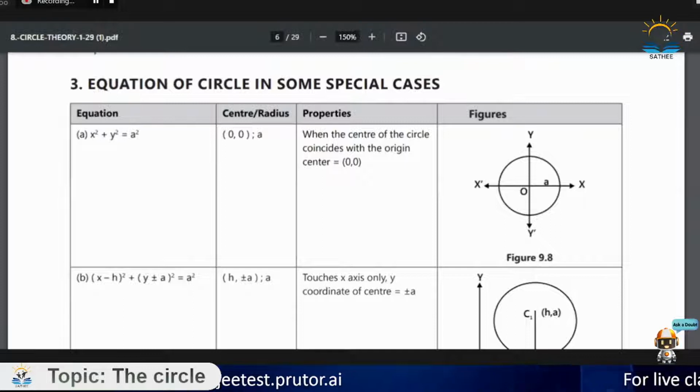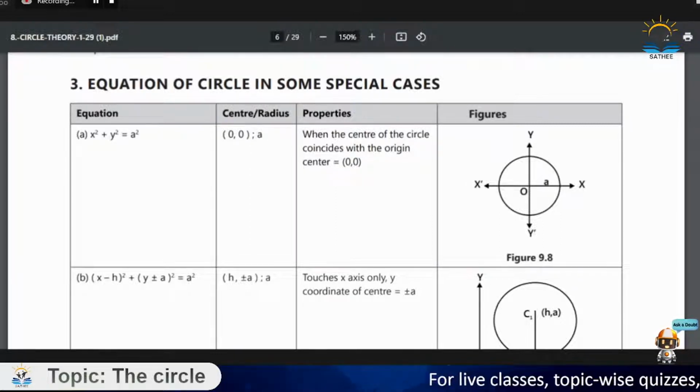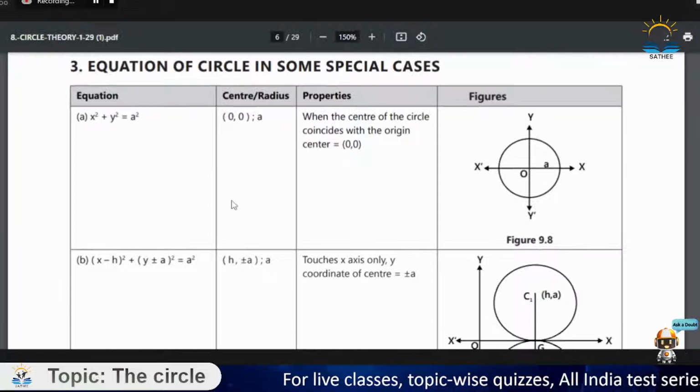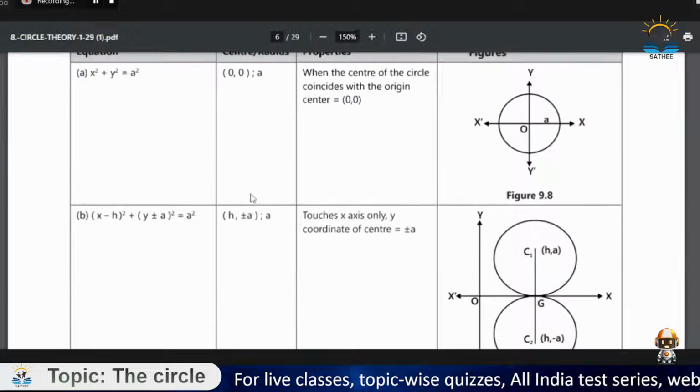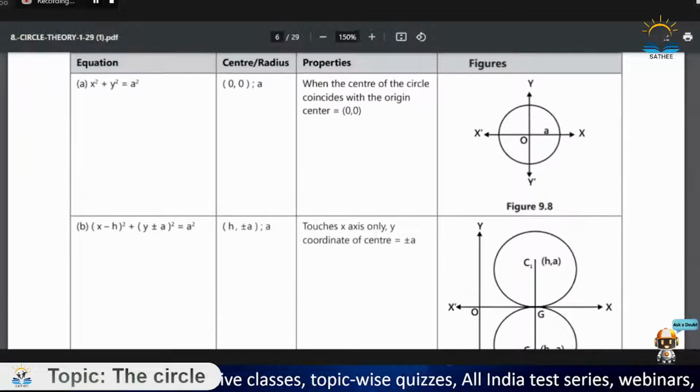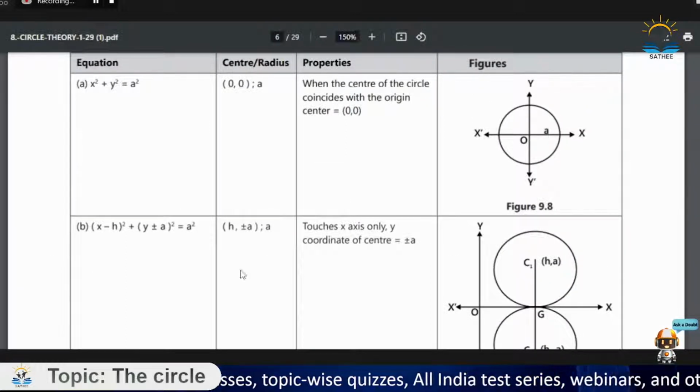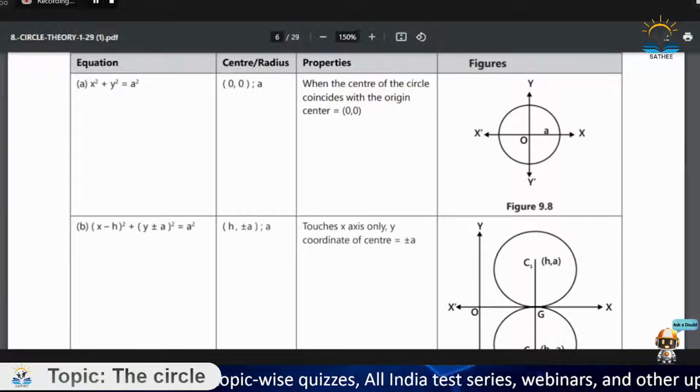Now, equation of the circle in some special cases. These are the cases that we have already discussed earlier. So what are these cases? When the center is (0, 0) and radius is a, the equation is this. When the center is (h, plus minus a) and the radius is a, the equation of the circle is this.